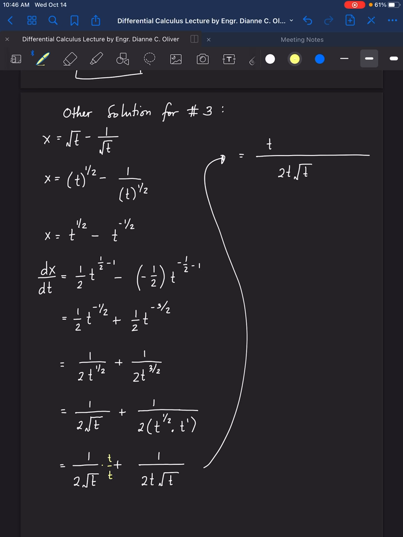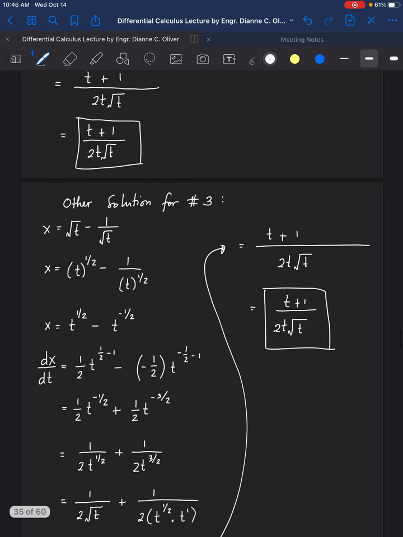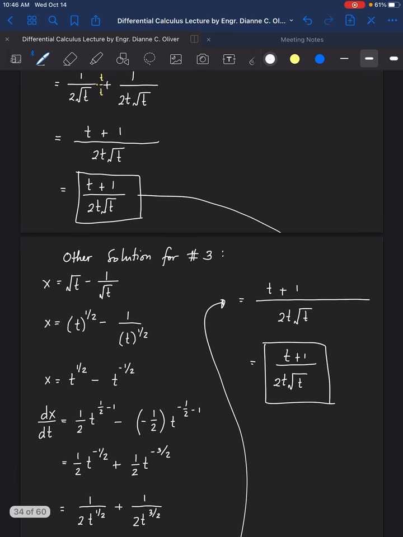We multiply that with t over t. So that's why we have there t plus 1. Okay, so the final answer is t plus 1 over 2t square root of t. So it is same with the answer for the first one.